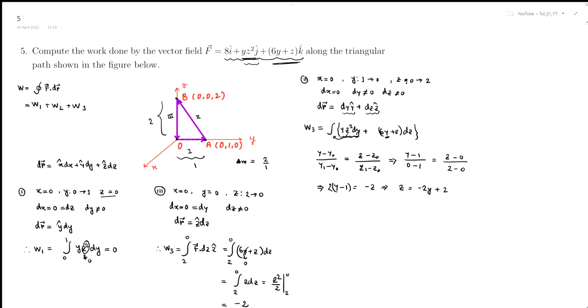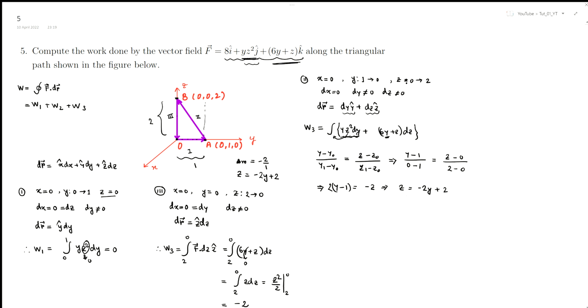Also, we know that this line is inclined along this direction, so the slope will be negative. So we know the slope, and also it is cutting the z axis intercept at 2. So we can simply also write it as z is equal to minus m y plus c.